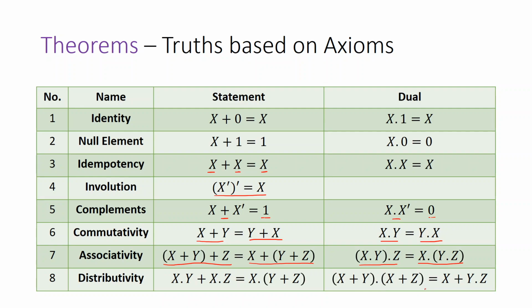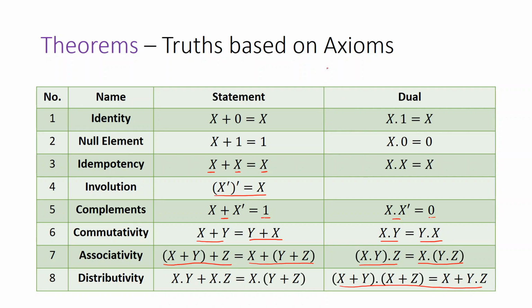The dual statement is not evident in the normal multiplication and addition scenario. This happens in the AND-OR scenario only. So here it says (x or y) and (x or z) is x or (y and z). Okay, so you can have a simple proof of this also. I hope this is not required to be proved, but it can be proved.